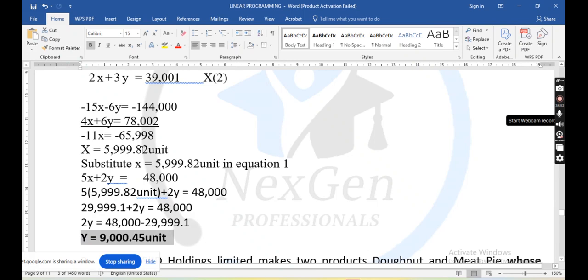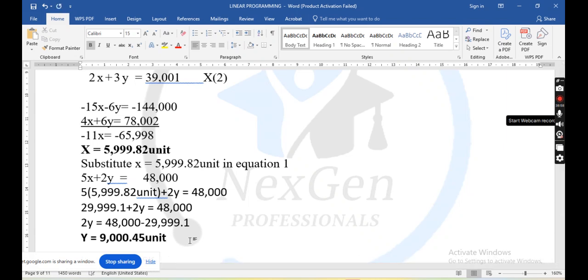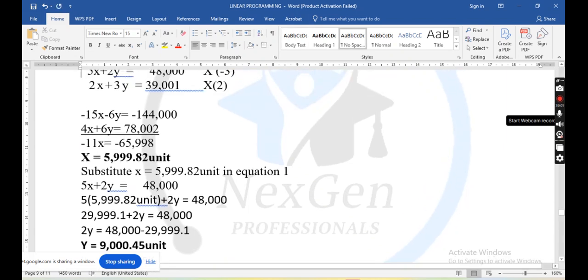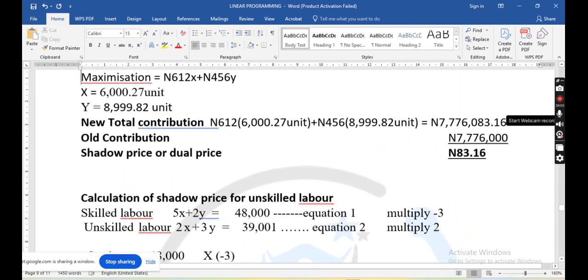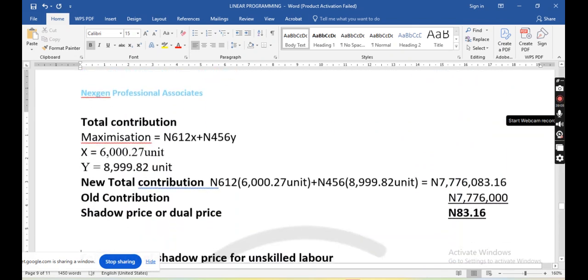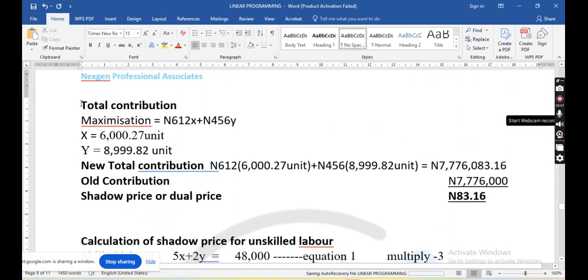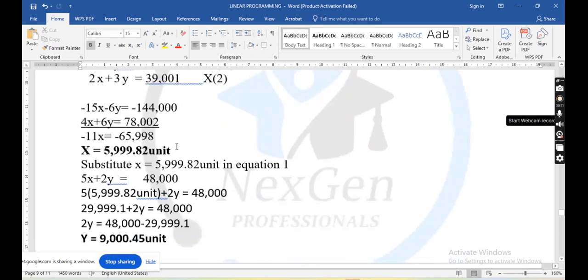So this is the unit, and this is the unit for this. Therefore, we can now copy it down just the way we did before. We can now copy all this. Total contribution.